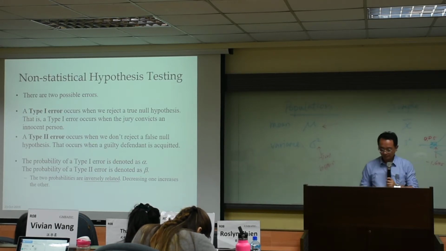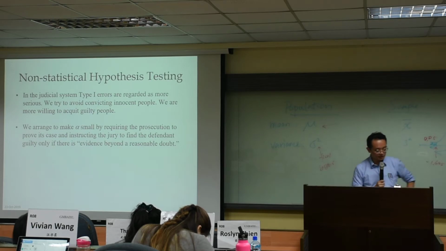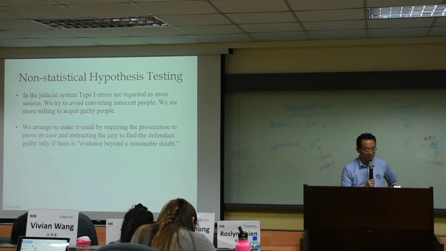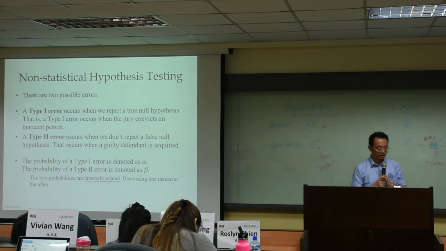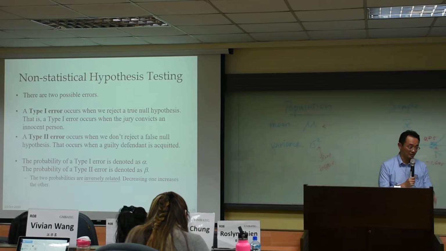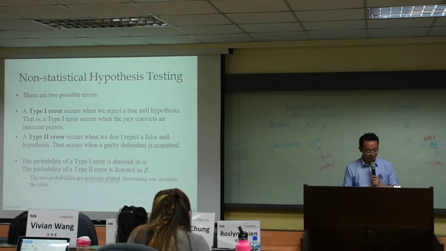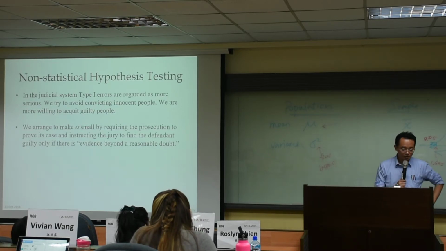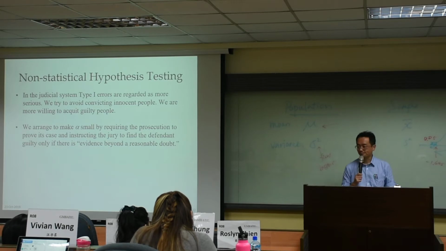Okay. So for non-statistical hypothesis testing, in the judicial system, type 1 error is regarded as more serious. In other words, we reject a null hypothesis, we convict an innocent person. This is more serious than the second type. We try to avoid convicting innocent people, so we are more willing to acquit guilty people.